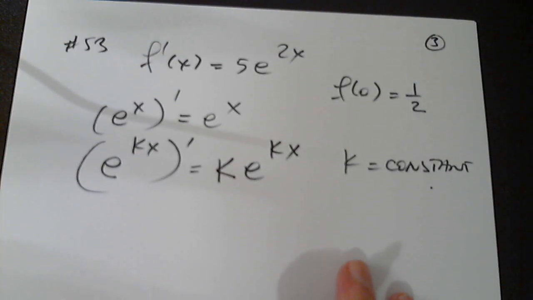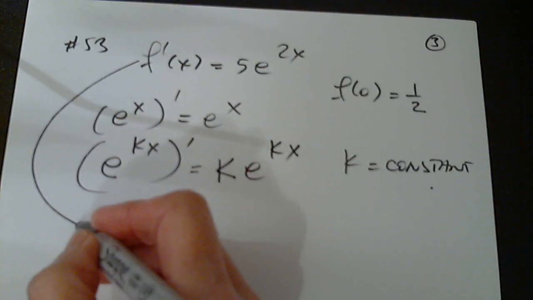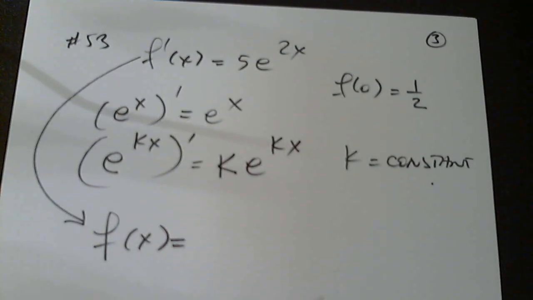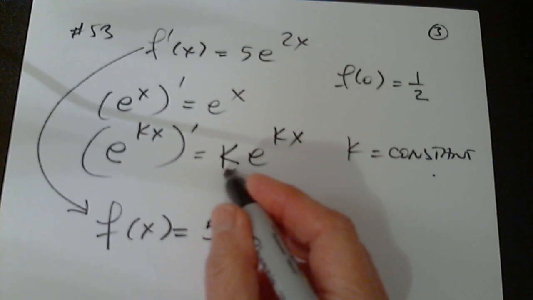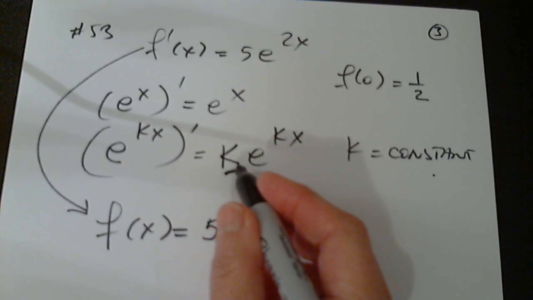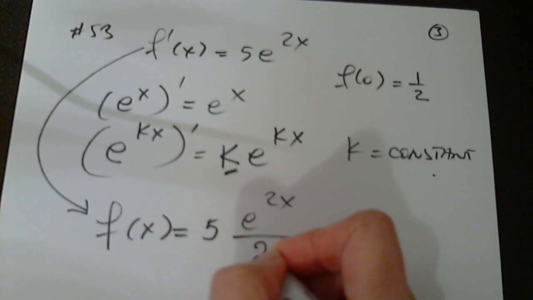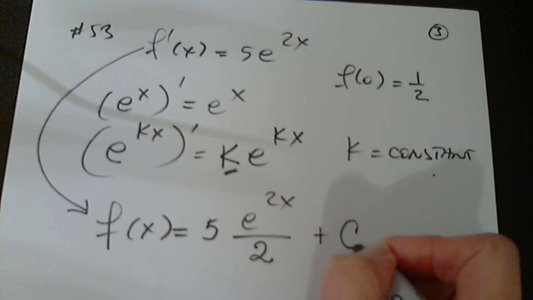Remember, we're going backwards now. So from here, in order to find the antiderivative, I have to remember this piece. Okay? So e to 2x divided by 2 plus a constant c.